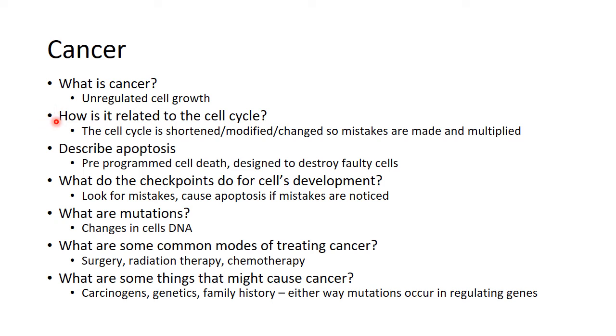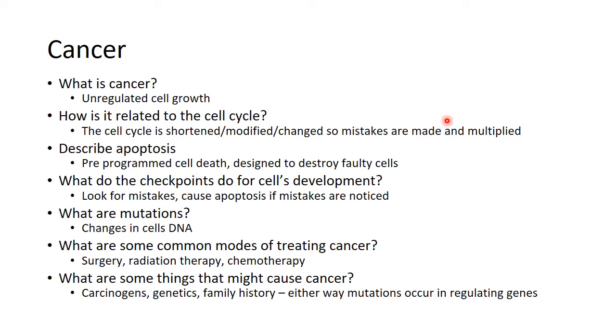So how is it related to the cell cycle? Well, basically, in most cases, the cell cycle is severely shortened, which means the cell is going too fast and not being checked. In a lot of cases, it's making some significant changes, but typically they're very small cells and they're rapidly dividing. And so mistakes not only are getting made, they're getting multiplied because the cell's not getting regulated to the point of saying, don't make any more.